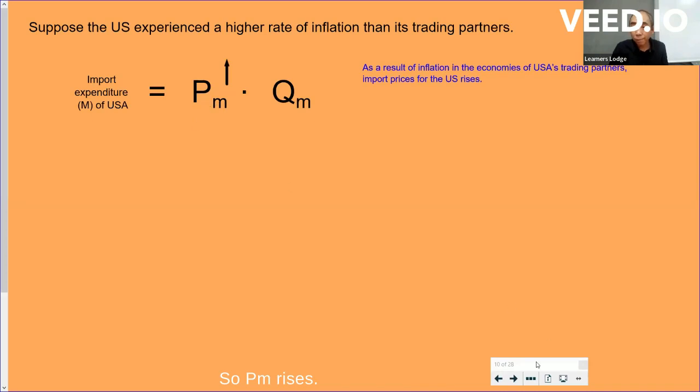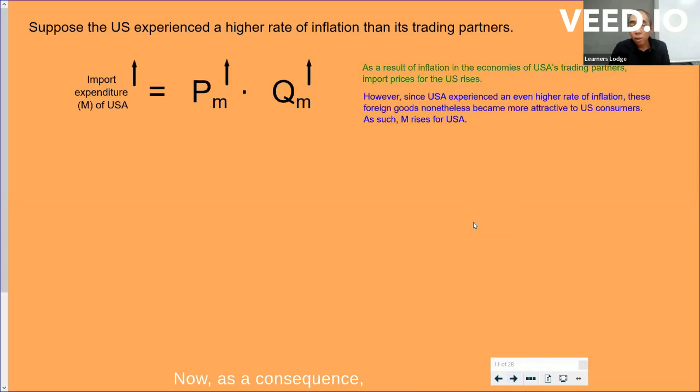So PM rises. Now, as a consequence, ceteris paribus, American consumers are by right supposed to buy less based on the law of demand. However, in this case, ceteris paribus doesn't hold because in our scenario, America is experiencing inflation also, and America's inflation rate was higher than that of the trading partners. Foreign goods have become more expensive, but American goods have become more expensive at a faster rate, making foreign goods still more attractive to American consumers in spite of their higher prices.